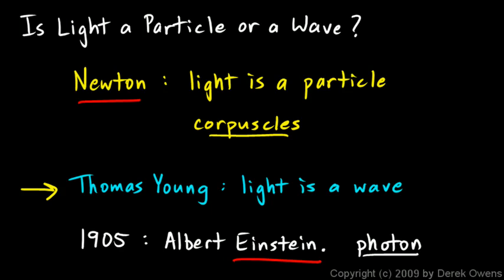Those just happen to be experiments that demonstrate the wave nature of light. And the experiment that Einstein did happened to be an experiment that demonstrated the particle nature of light. But they're both considered valid today. Scientists don't really completely understand it. We don't claim to really know how this can be, but we just accept the fact that light behaves as a particle and it behaves as a wave.